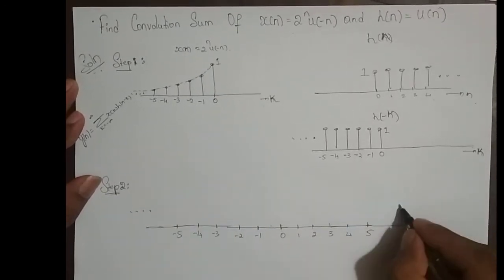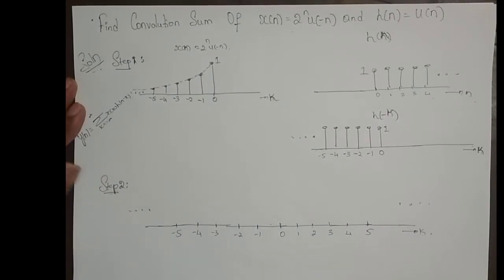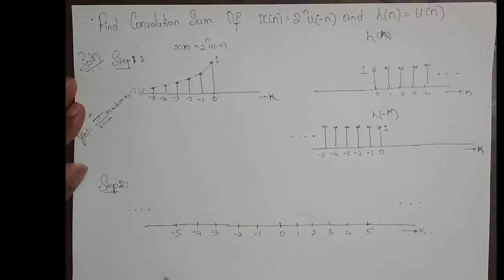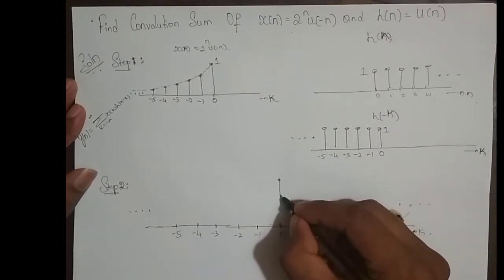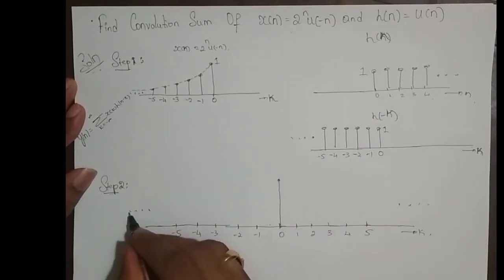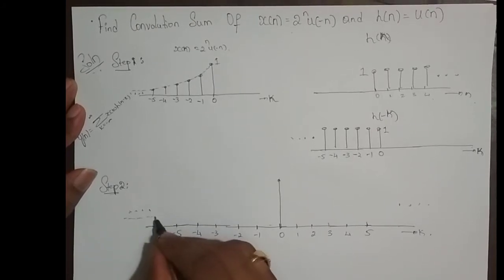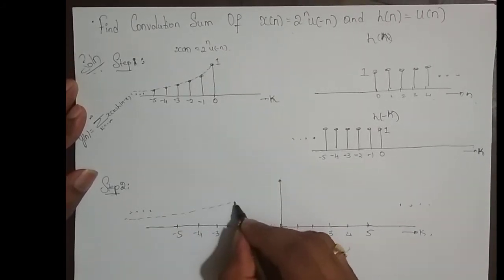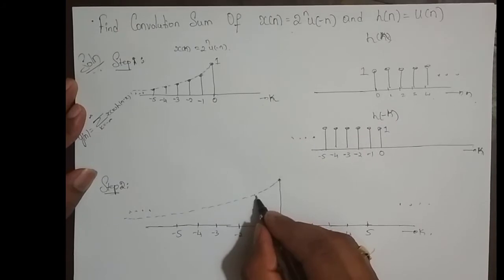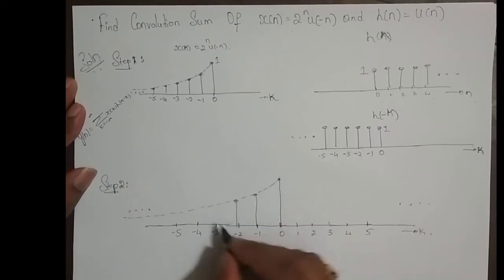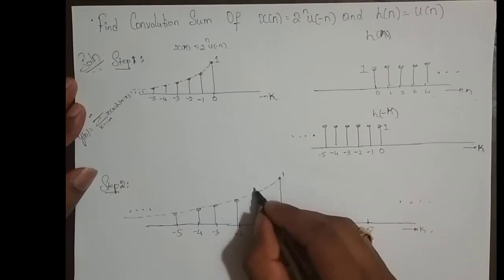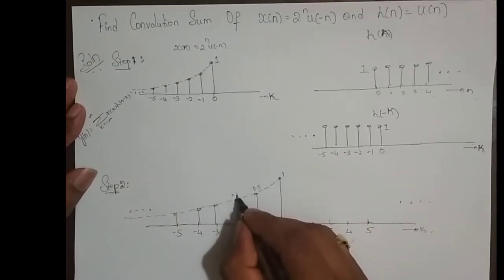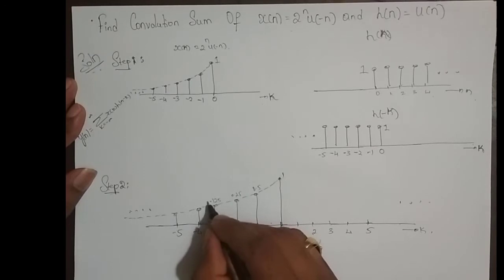So first I need to place x of k sequence, which is like this. What is this amplitude? This is 1, this is 0.5, 0.25, 0.125, and goes on, right? So x of k doesn't move, it remains in that position.